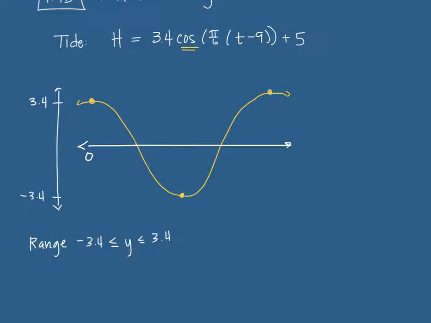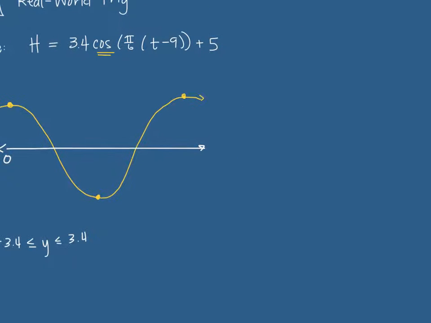So we'll do a little math on the side, and we'll figure out that our period is 2 pi divided by what number right now? Pi sixths. Okay, we want to divide it by the value of pi sixths. So 2 pi divided by pi sixths.